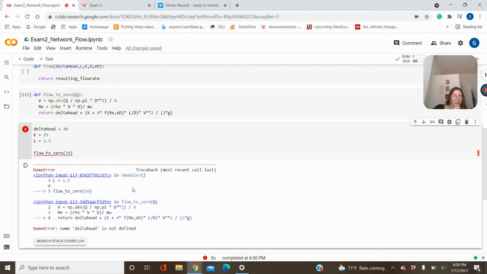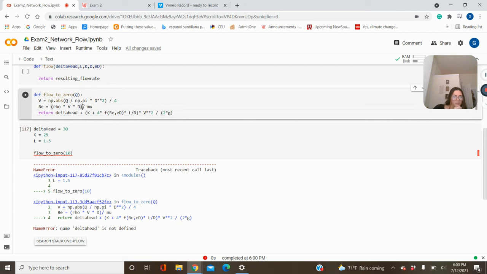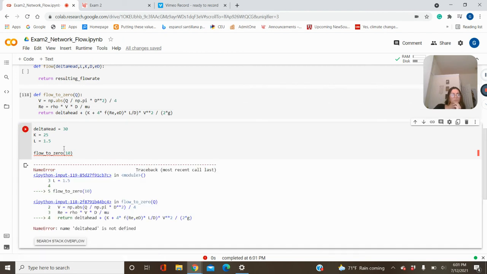Should be pi. Absolute volume. Maybe I don't need parentheses here. That would be the issue, but I don't know how this can be sometimes. No, it's not it either. Maybe it's indented. Python input.